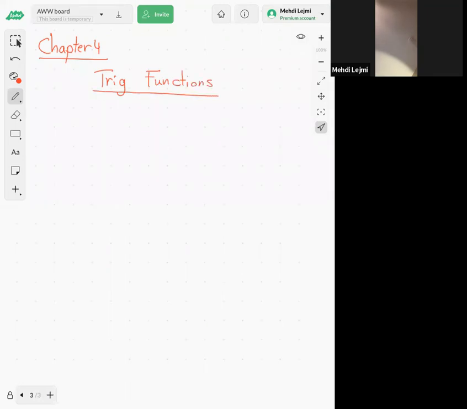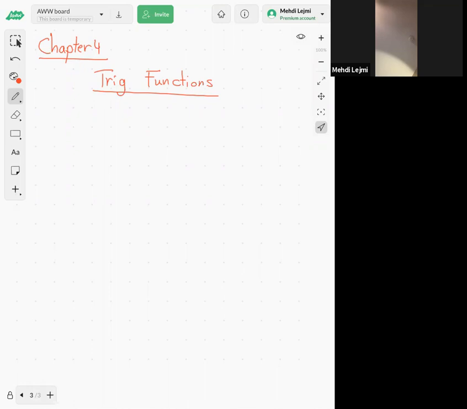The goal in this chapter 4 would be to study these trigonometric functions, right? The sine of x, cosine of x, etc.